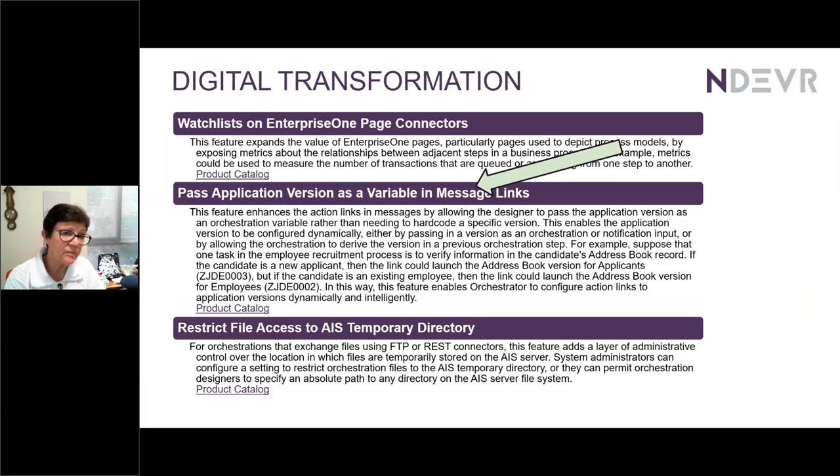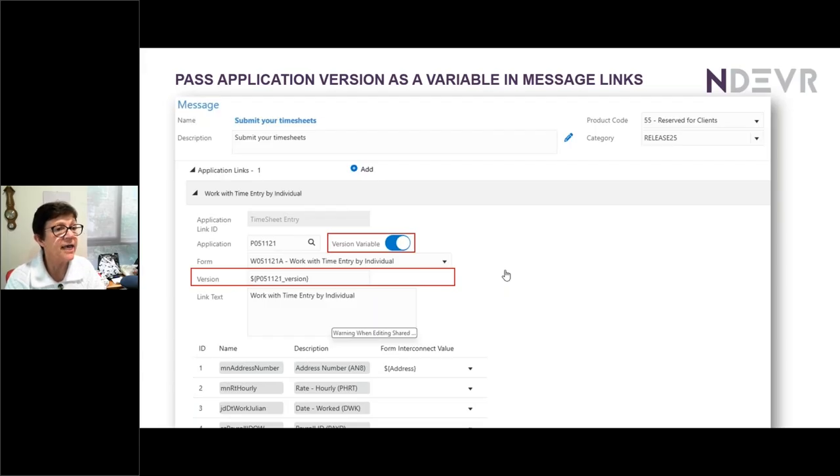Another small enhancement that is very useful is that you can now pass the application version as a variable in message links. So again, in Orchestrator, if you're setting up a message and you set up a link in that message, you always had to hard code the version. Now you don't have to, you can set it up as a variable.